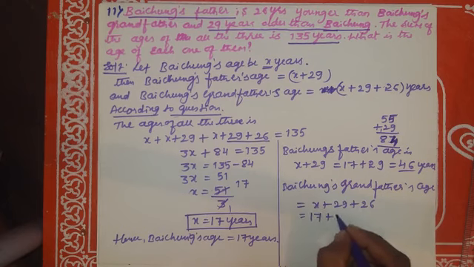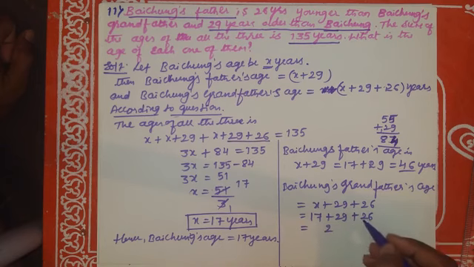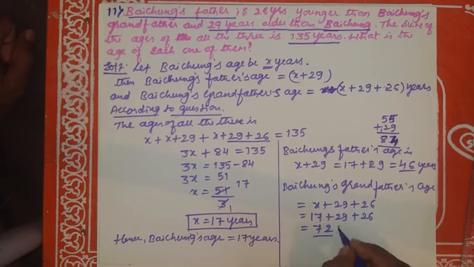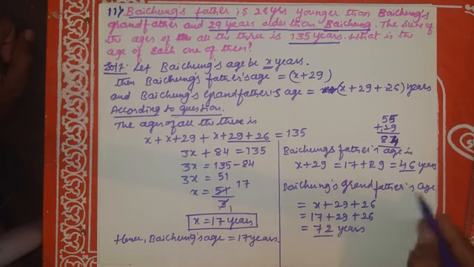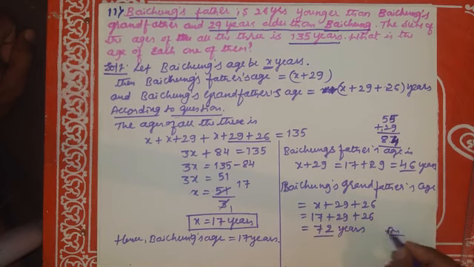That is 17 plus 29 plus 26, which is equal to 72 years. Whose age is it? Baichung's grandfather's age. This is the right answer.